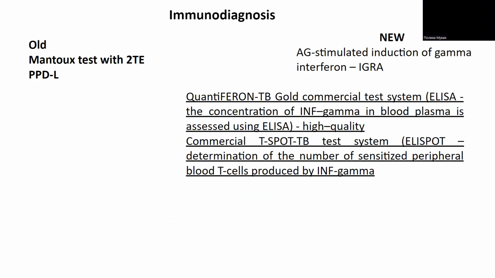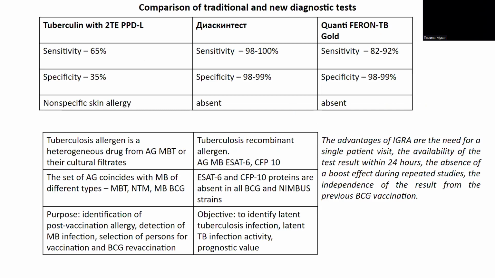Immunodiagnostics: the old one is the Mantoux test with 2 TE, and the new age-stimulated interferon gamma release assays, IGRA. Comparison of the old diagnosis and new diagnostic tests you can see in this picture: skin test, QuantiFERON-TB, tuberculin with 2 TE, and so on.